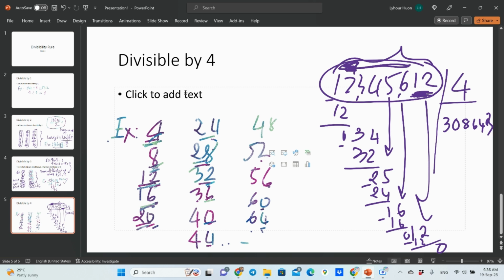So we always notice the last two digit number.